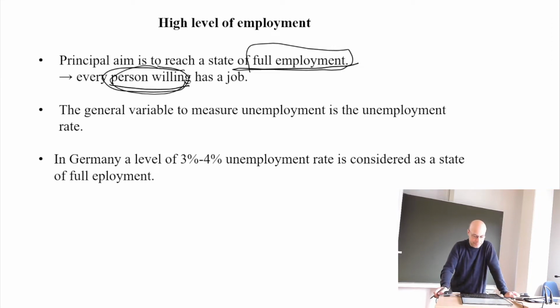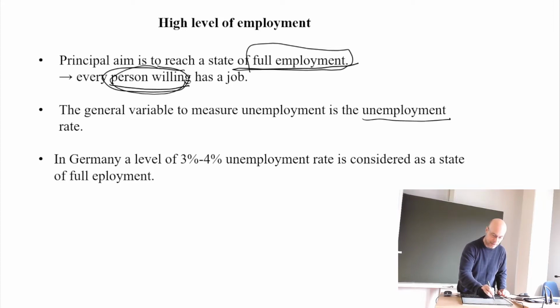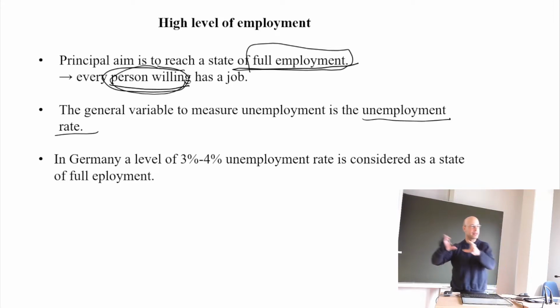is in the labor force. And therefore, when we then calculate the unemployment rate, the unemployment rate is calculated relative to all people who could work, not who want to work, but all people who could work.